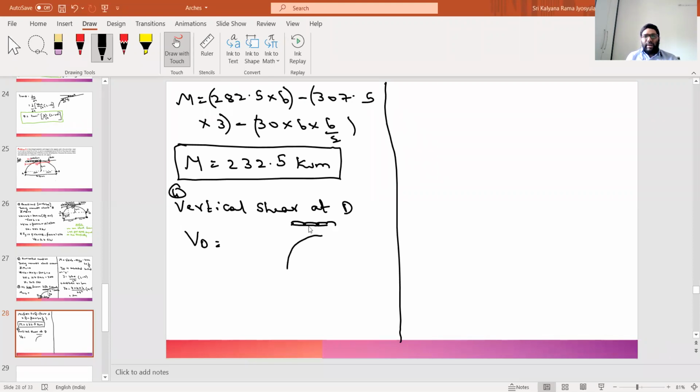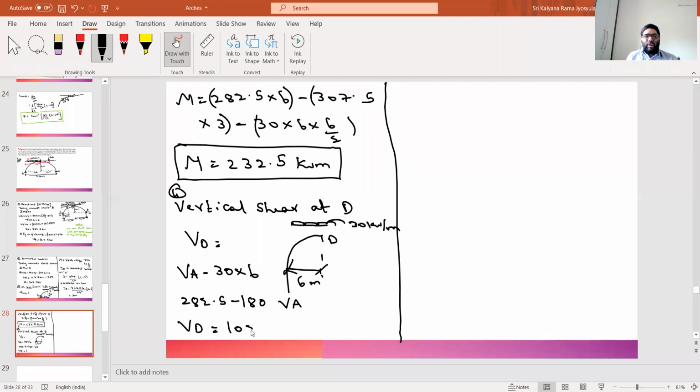You have a UDL of 30 kN per meter over 6 meters, and this is V_A. So shear force at this point D is given by upward force minus downward force, that is V_A minus 30 into 6. So 282.5 minus 180, therefore V_D is equal to 102.5 kilonewton. But actually speaking, the shear is a curvy portion because it's a parabolic curve.